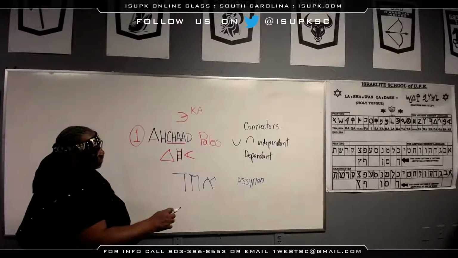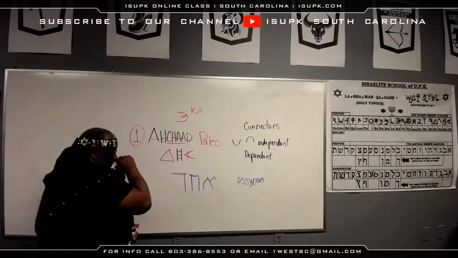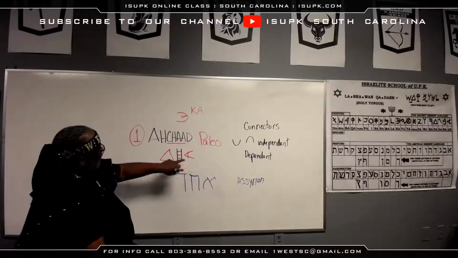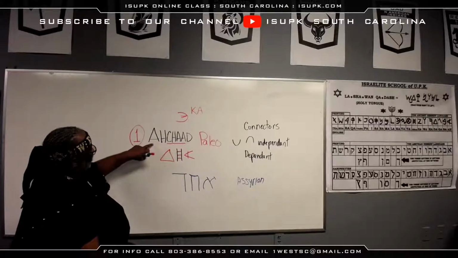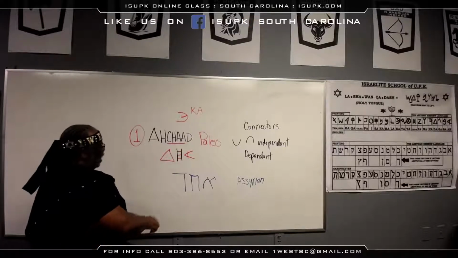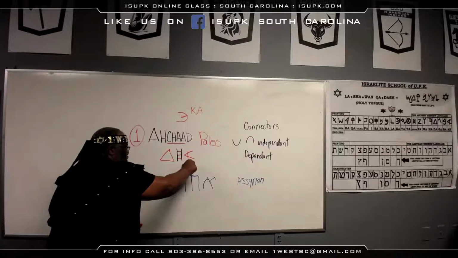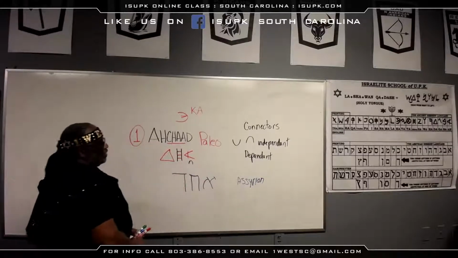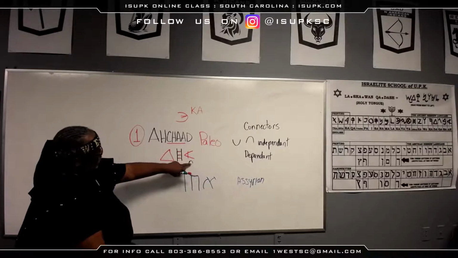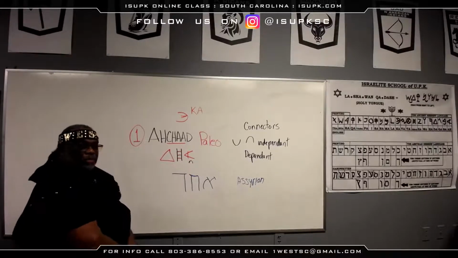Of course, you have an independent connector. And why do you have an independent connector? Because you want it to sound out by itself. You don't want to say ka, you want to say it by itself. So you put an independent connector. An independent connector over there is represented by the upside down U. That's why it's there. Okay?